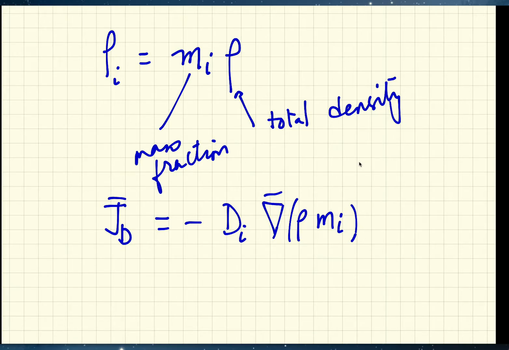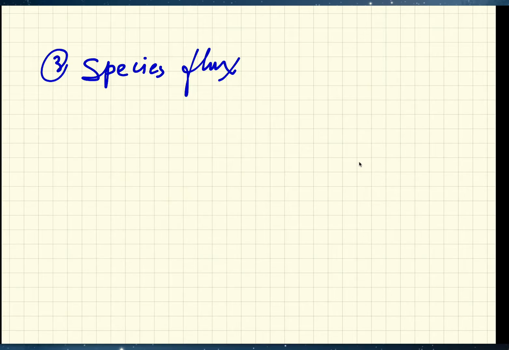Then next we also defined the species flux, number 3. The species flux is J sub I, and this is a drift flux. Drift is different from diffusion, so you can transport matter by drift or by diffusion.